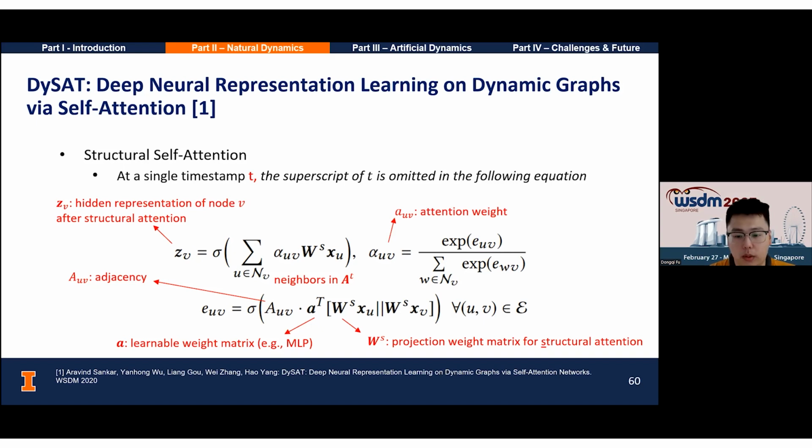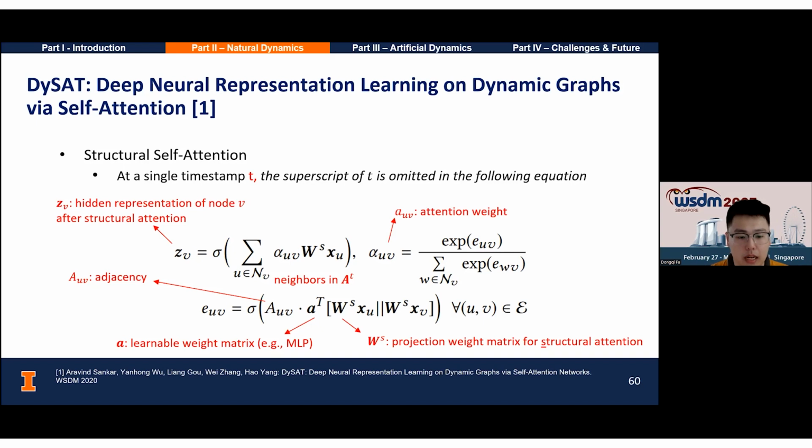How could we do that? Let's focus on the equation about e_uv here. In the bottom equation, we have the input features for node u and node v, denoted as x_u and x_v.